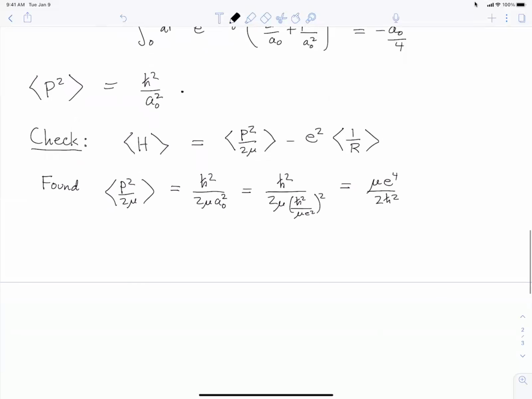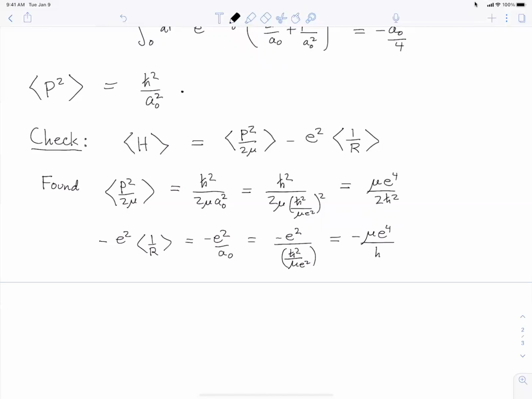Okay, and then on the other hand, minus e squared times the expectation value of 1 over r, from what we found, is minus e squared over the Bohr radius. And again, we can write that in the same form as the previous expression. Okay, and so that's minus the same thing, but with no 2 in the denominator.